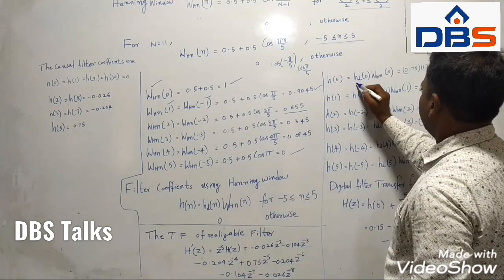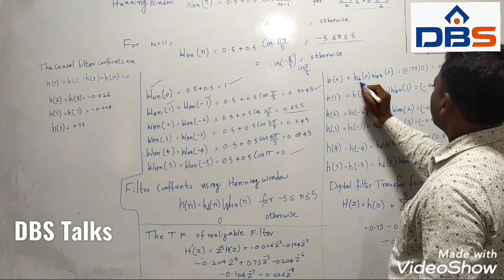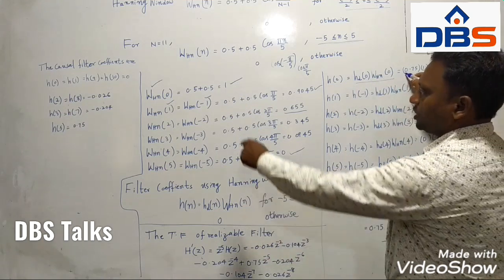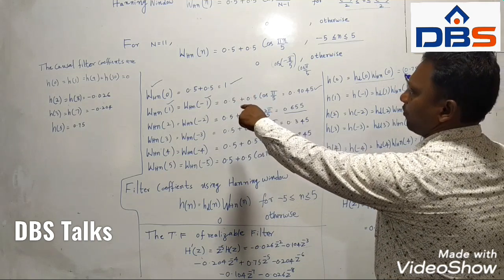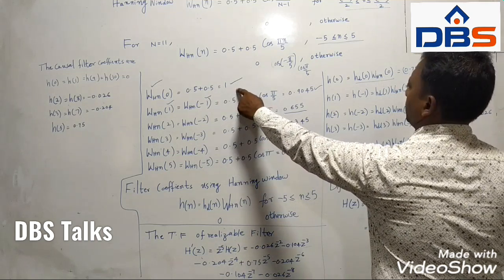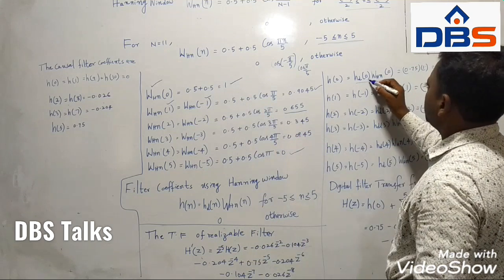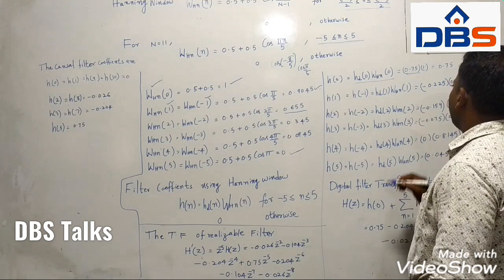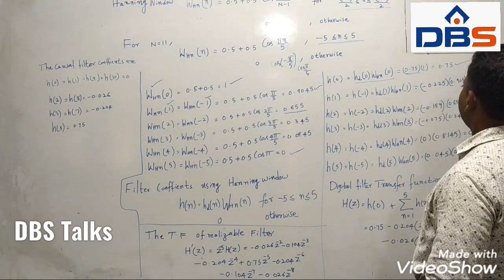So when n is 0, hd of 0 times w hn of 0. What is w hn of 0? It is 1. And hd of 0 we already calculated just before, that is 0.75. So 1 into 0.75 is 0.75.